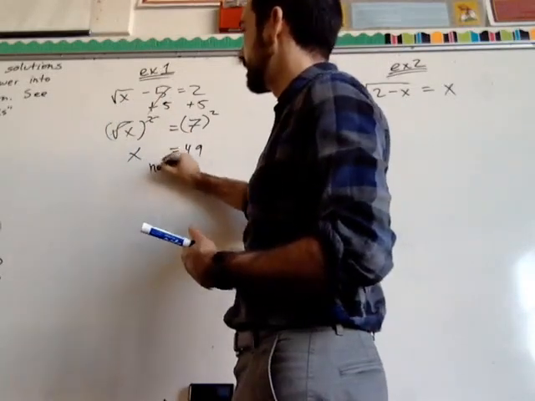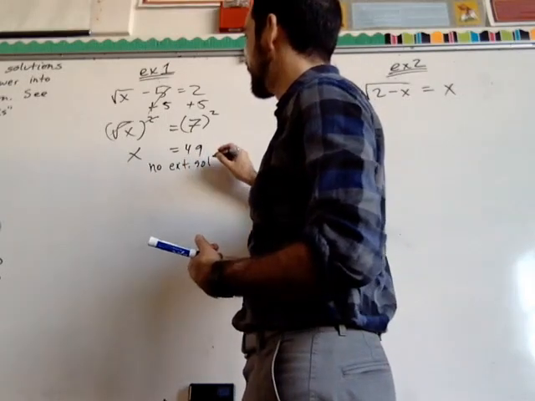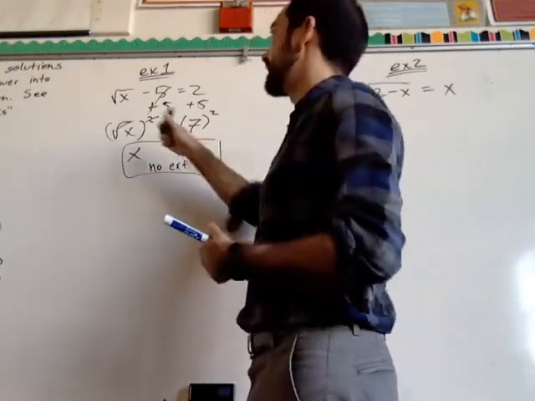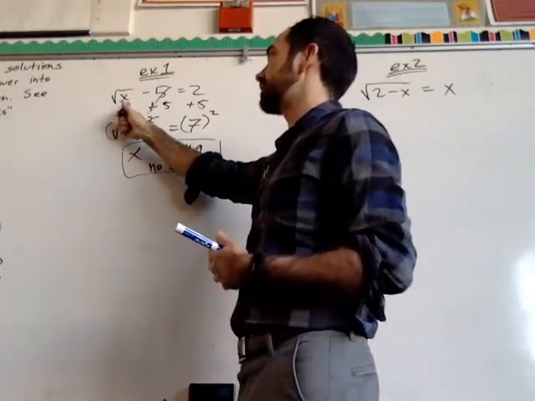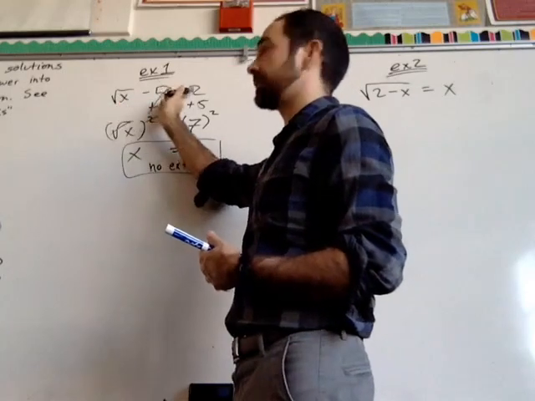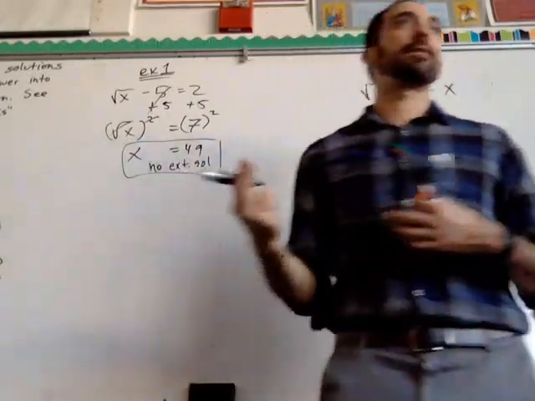Yes. So it's really no extraneous solutions because, for one, it doesn't make the square root a negative inside, but it also combines to actually give me my answer. Okay, so no extraneous solutions has to do with both of those concepts.